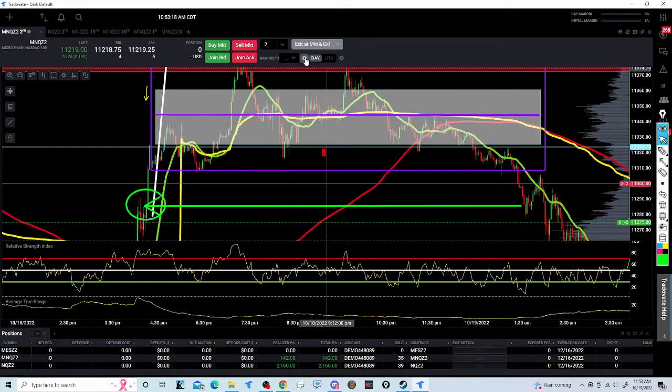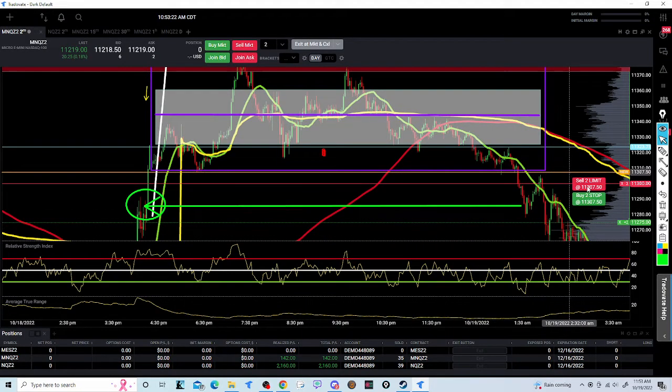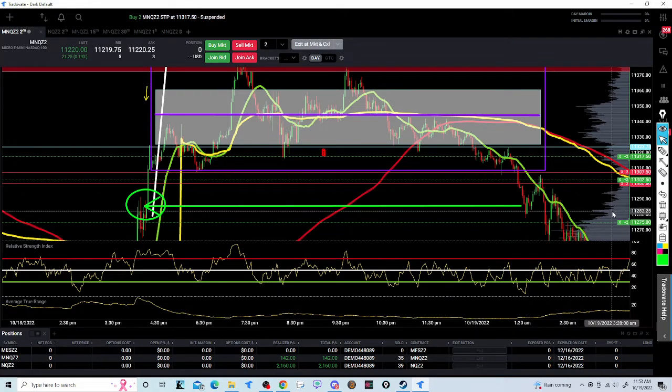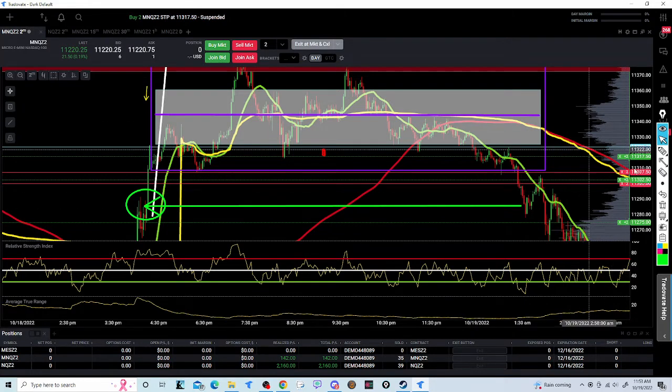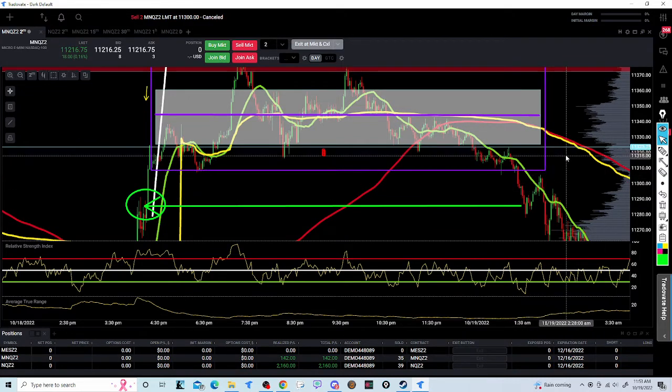Just by doing that. Hit save. This way when you do that and you sell, all right, you already have your take profit ready to go.